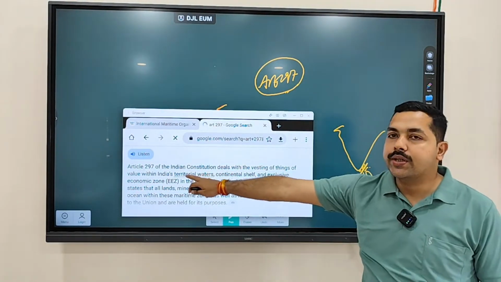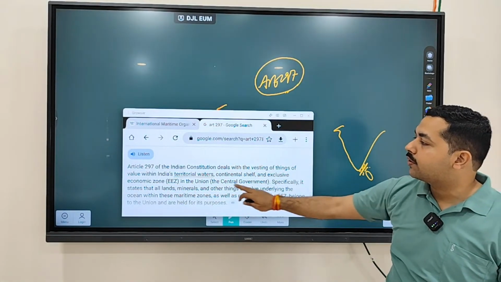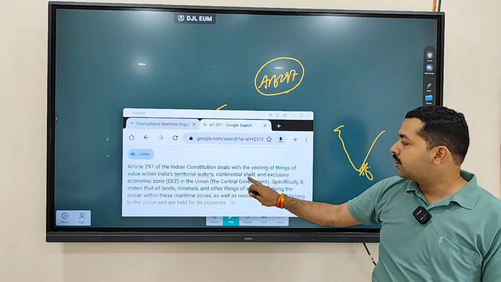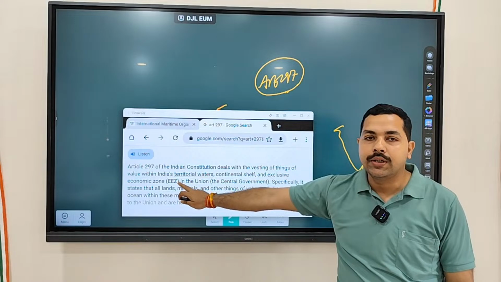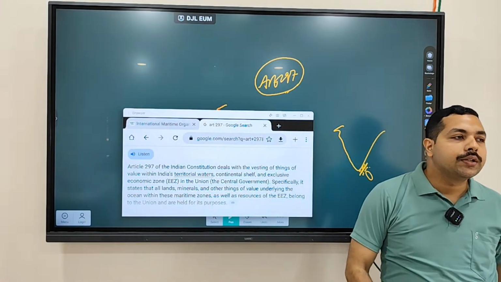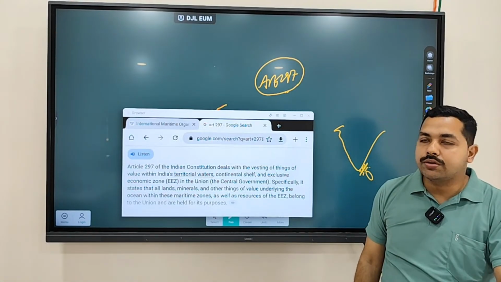It deals with, you can see what is written. Article 297 of the Indian Constitution deals with vesting of things of value within which water? Territorial water, continental shelf, and which type of zone? Exclusive economic zone. So these terms are also mentioned under Article 297 of your Constitution.